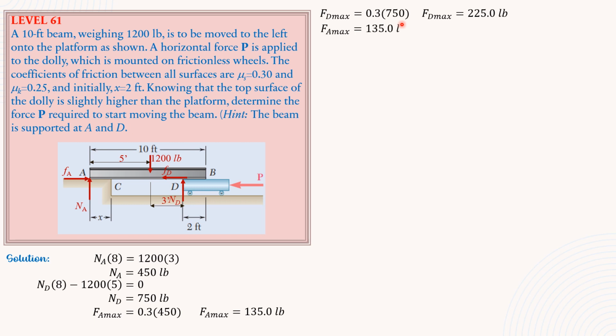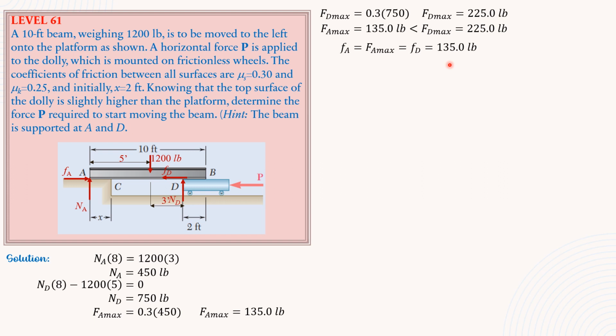So FA max is equal to 135 pounds, which is less than FD maximum, which is equal to 225 pounds. So that means FA should be 135 pounds, which is FA max. And that should also be equal to FD for equilibrium of the beam AB.